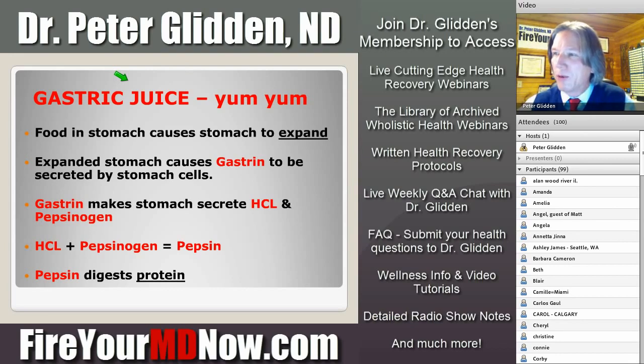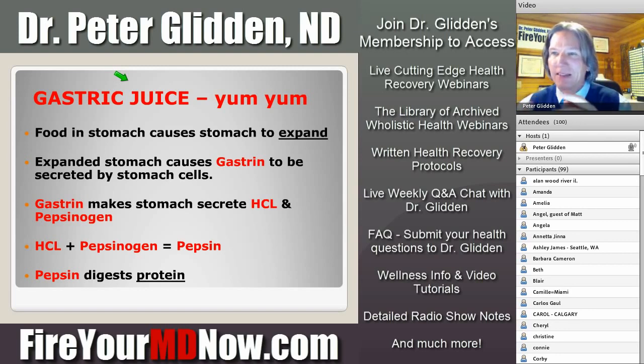When you swallow food, the presence of the food in your stomach causes your stomach to expand. That's kind of common sense. When your stomach expands, there are cells on the wall of the stomach that secrete a chemical called gastrin.